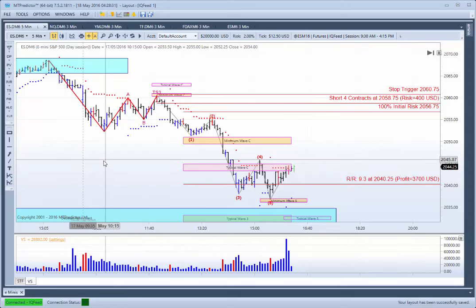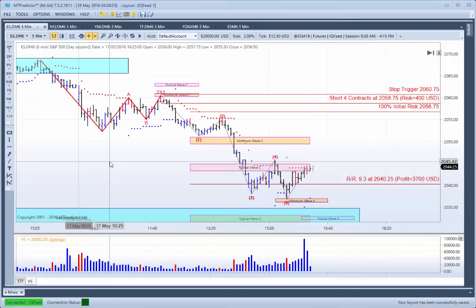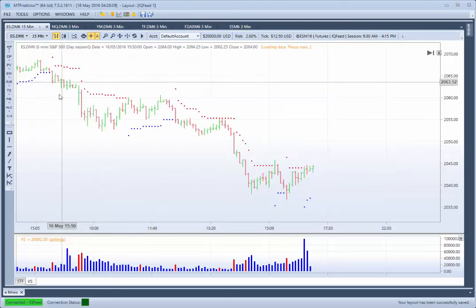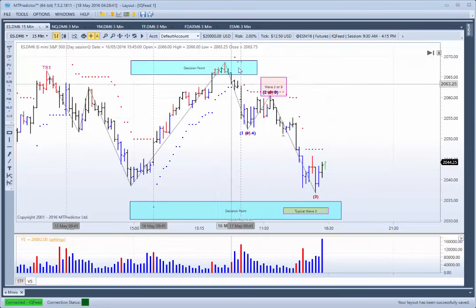So a good day for MTPredictor if you become one of our more experienced users, and particularly couching your 3 and 5 minute trade setups in the context of the higher time frame chart, particularly the DP off that last pivot, nailing the high. Market then looking to decline down to the DP off this low right the way down here.